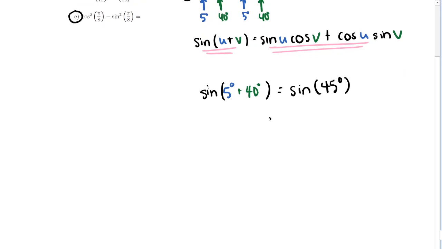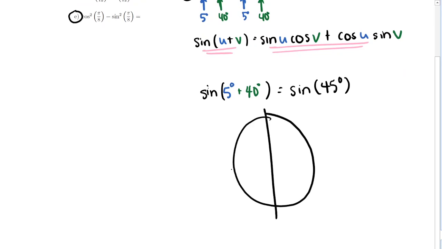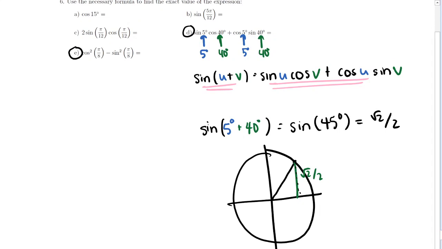If we draw out our unit circle, 45 degrees is right between 0 and 90 degrees. Here we get this 45, 45, 90 triangle, and the y-coordinate on the unit circle here is the square root of 2 over 2.